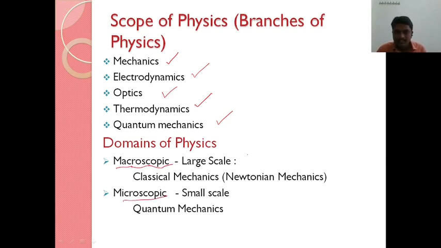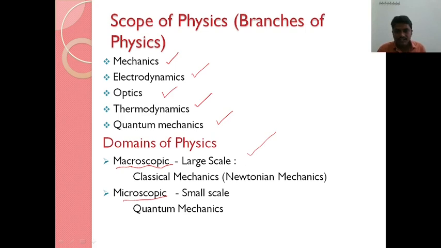In this domain we will discuss the motion of large bodies, so stars, planets. In this region we will discuss the motion of objects which are either visible directly with the naked eye or can be made visible by using optical instruments like a microscope and telescopes.